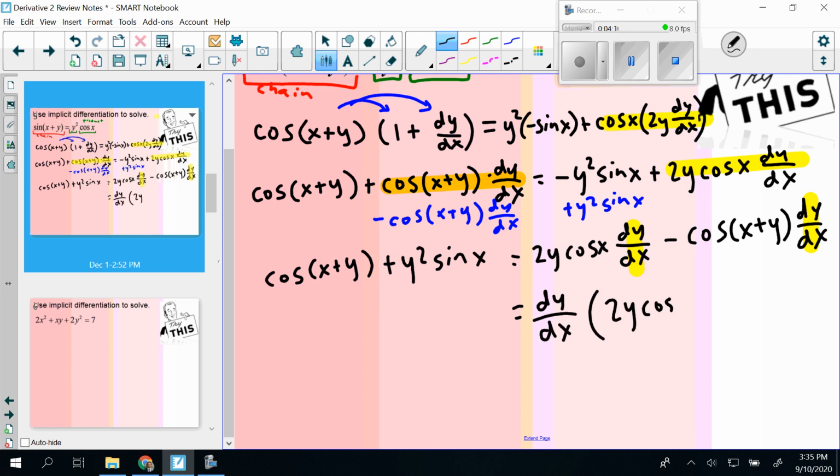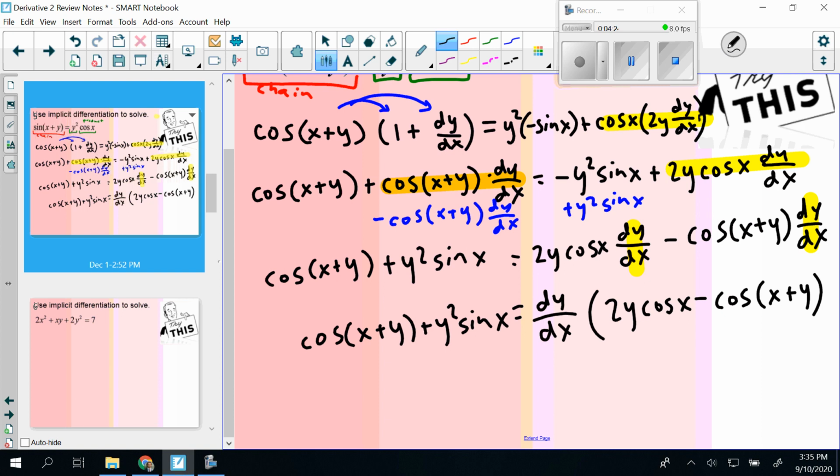So then all this other stuff is left. Now that we have it factored, we can solve for it, and we can accomplish that by dividing. So the last step then, divide by what's next to that dy dx term, and we have the answer.